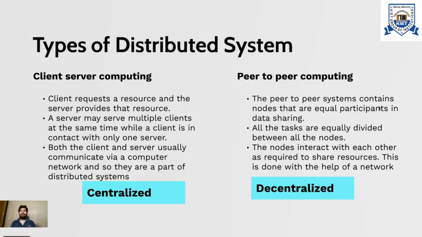Every system has some chunks of data, and they all share their data and resources with each other to complete a particular task. As you can see in the second point, all tasks are equally divided between all the nodes, and nodes interact with each other as required to share resources. This is done with the help of a network. Yes, they all share their resources and everybody has equal participation in data sharing, right? So this is a decentralized approach.